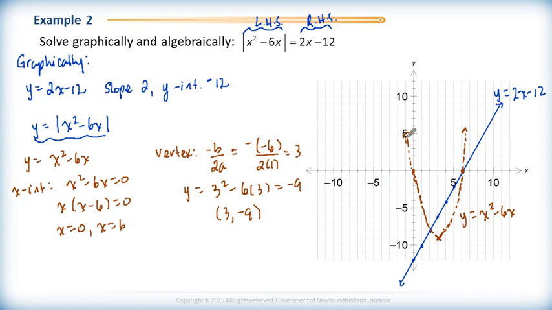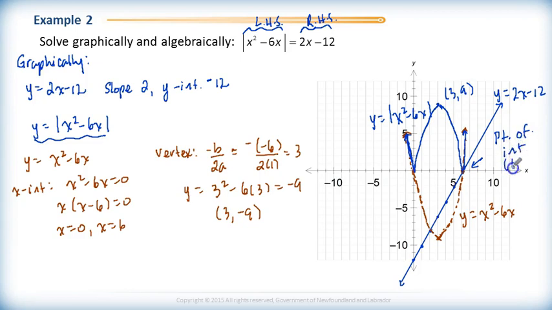Then for the absolute value graph, I keep anything that's already positive and reflect anything that was negative. So 3, negative 9 becomes 3, positive 9. I've sketched in my reflected portion, and now I label my graph. And there's only one point of intersection right here between the line and the absolute value graph. That's at 6, 0. So our solution is x equals 6.